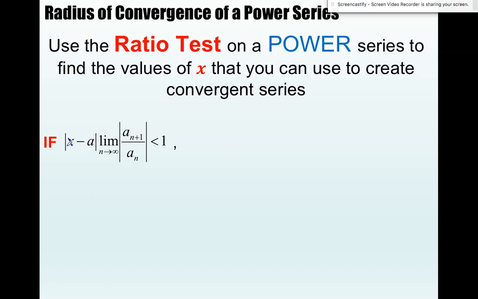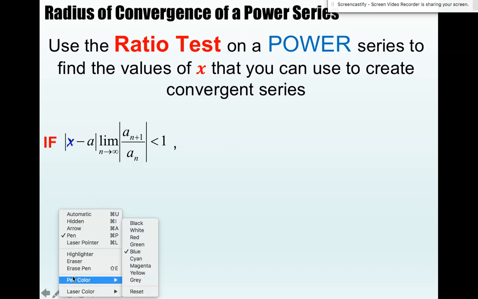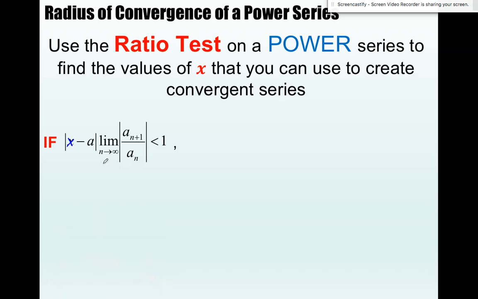There's the x. Everything else is your numeric. There's the numeric ratio test. The limit as the number of terms goes to infinity of the absolute value of the ratio of consecutive terms is it less than 1.